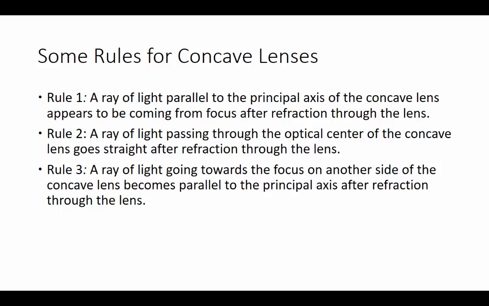Number 2, a ray of light passing through the optical center of the concave lens goes straight after refracting through the lens. And then rule number 3, a ray of light going towards the focus on the other side of the concave lens, so this one's a little different, becomes parallel to the principal axis after refracting through the lens. So let's take a look at how that plays out.